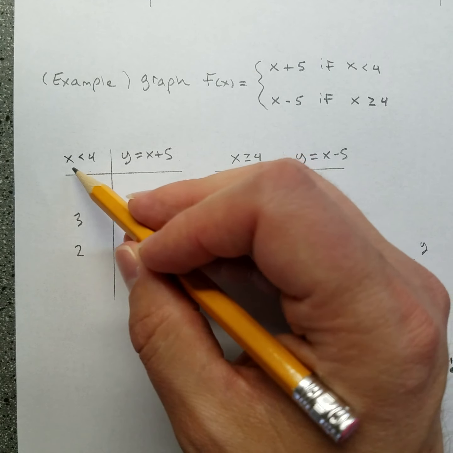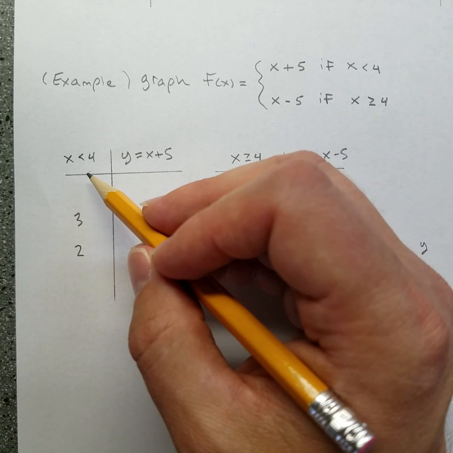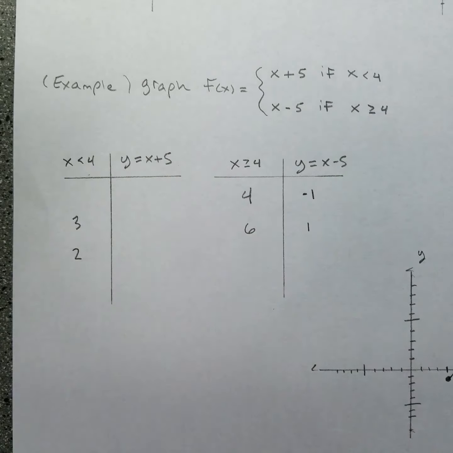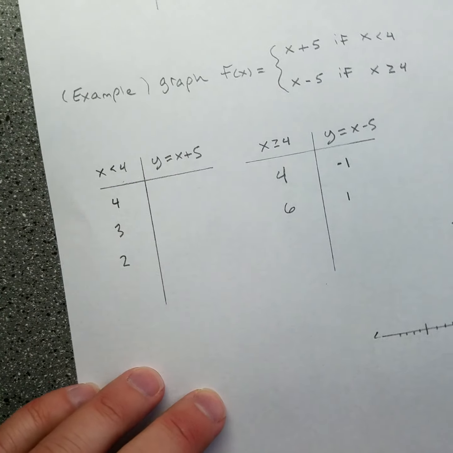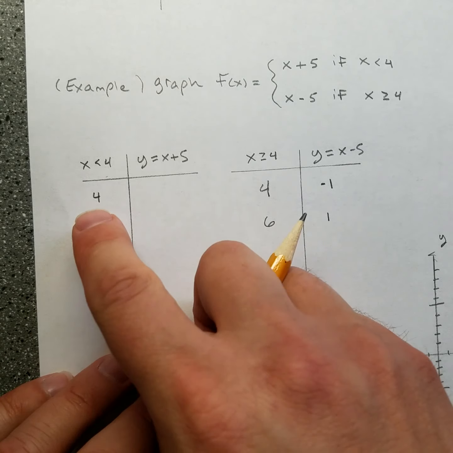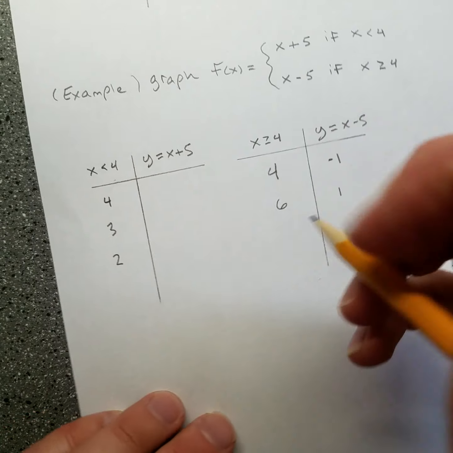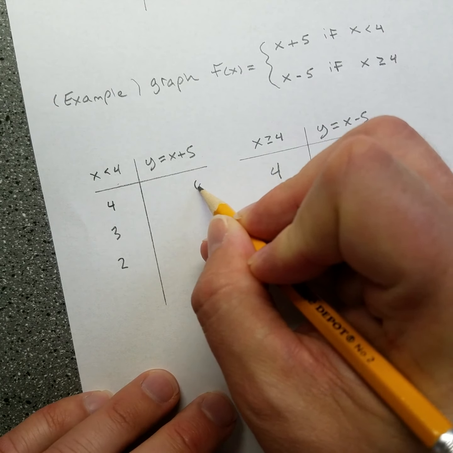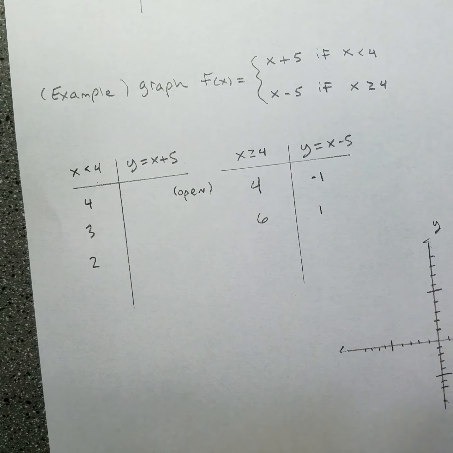What's the very first number less than 4? Somebody might want to say 3.9 or 3.99 or 3.999, and that just gets way too crazy. So what we do is even though 4 is not allowed, we'll put it in anyway, so that we don't have to put some crazy number like 3.999 in. And we'll make the note that that point that we get is technically left off.